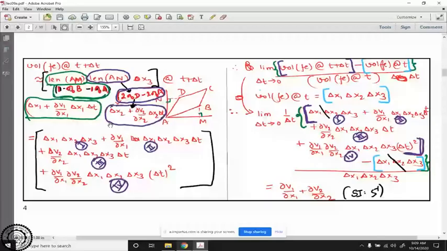So we have the product of this green, this purple, and of course there is delta x3 which is sitting here. So that would be the approximate volume of the fluid element at t plus delta t.